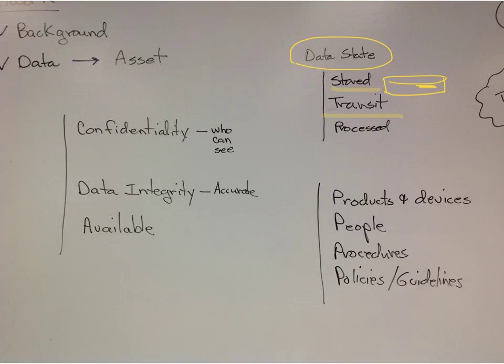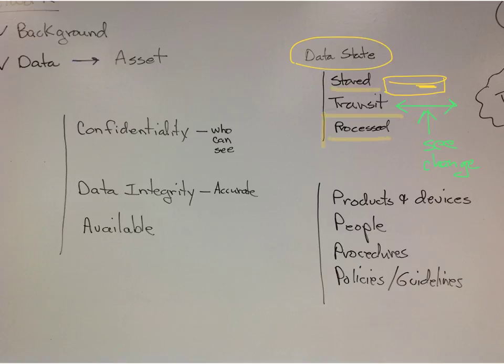That's what most people think about when they think about data. They tend to think about it moving from one location to another, and then somebody either sees it, confidentiality lost, or changes it. The data integrity is lost. It's not accurate anymore.